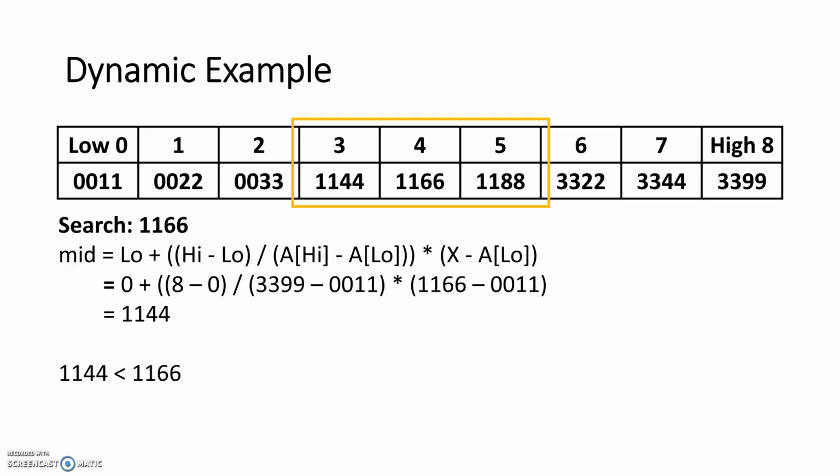How can we calculate this kind of probe position? First, we use this formula to find 1144. How can we find 1144?